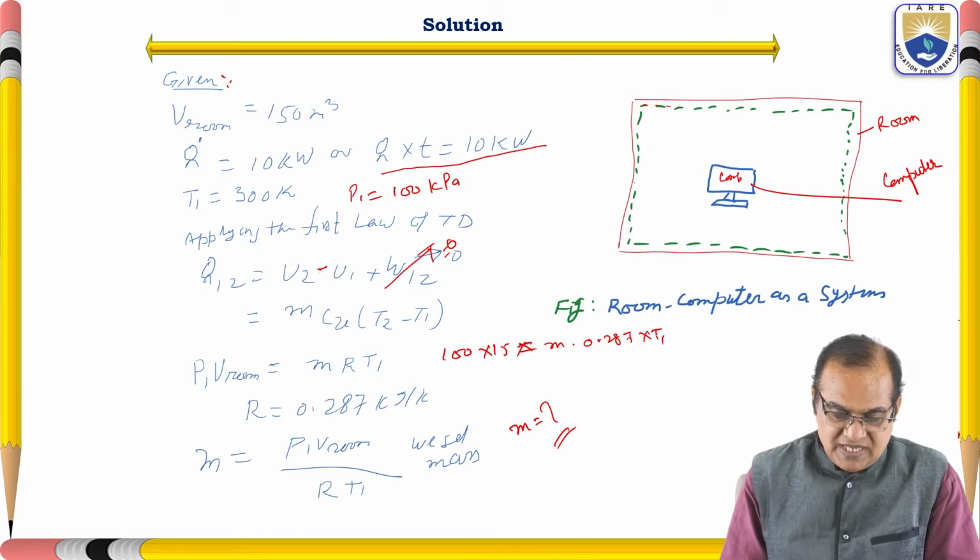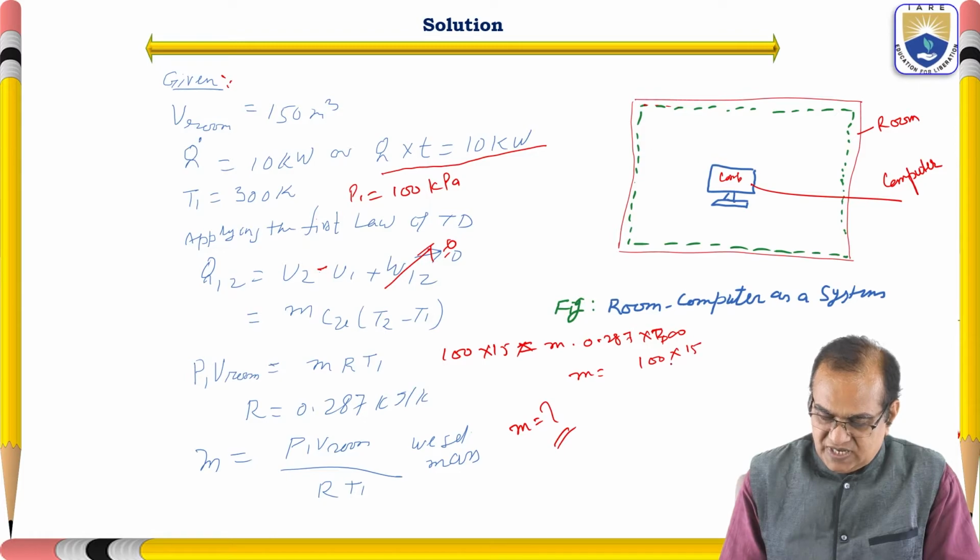T1 here is 300. So we can get the mass: mass is equal to 100 into 15 divided by 0.287 into 300.